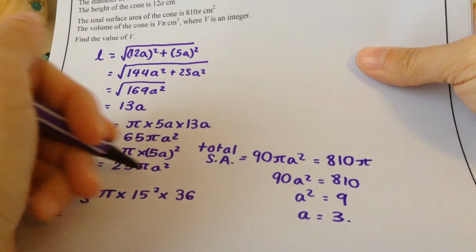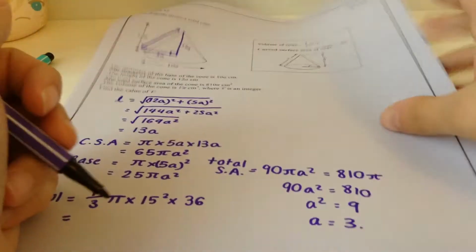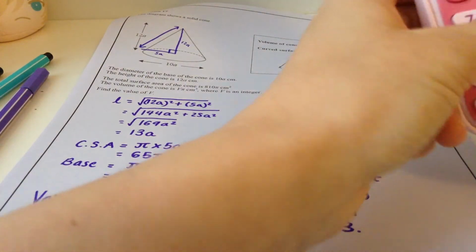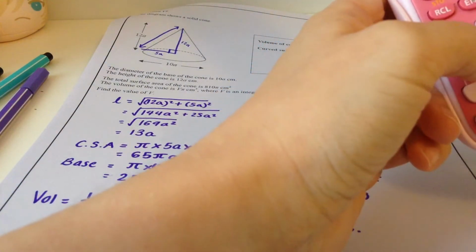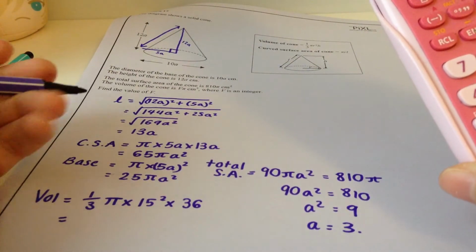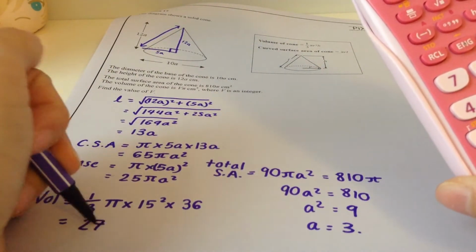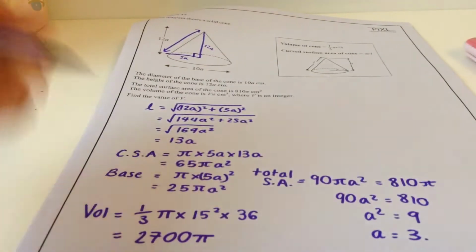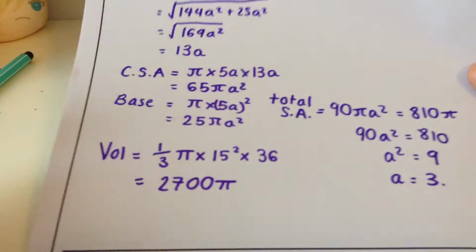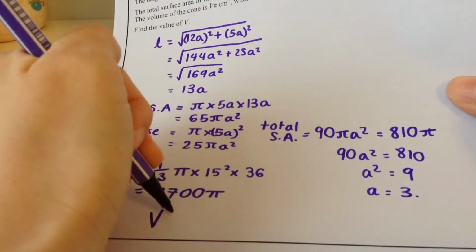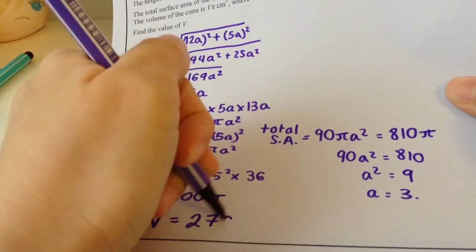So, I'll just use a calculator. Does it want it in terms of pi? Yeah, it does. So it's going to be that. So V is 2,700.